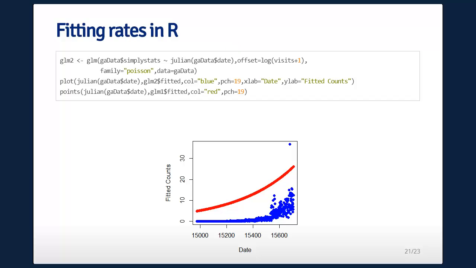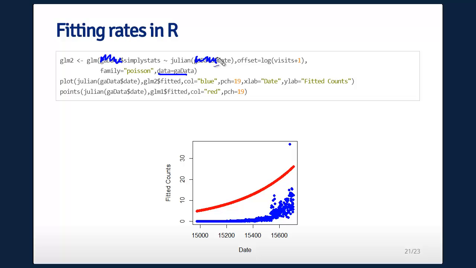Either way, it doesn't matter, so let's leave it like it is. Also, Jeff says data equals the data, so you don't really need that part. And so now we can model the count of the hits to his website originating from the Simply Statistics website, the other website that he writes.